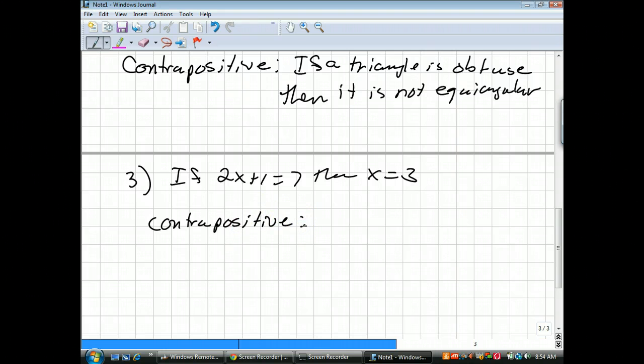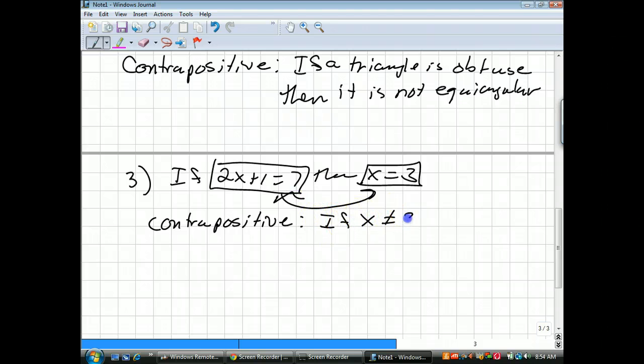Okay, the contrapositive, we negate this, and then switch them. Okay? So if x is not equal to 3, then 2x plus 1 is not equal to 7. Okay, so that would be the contrapositive.